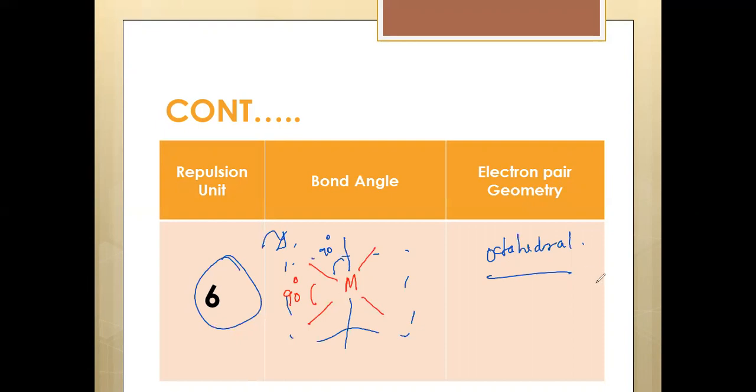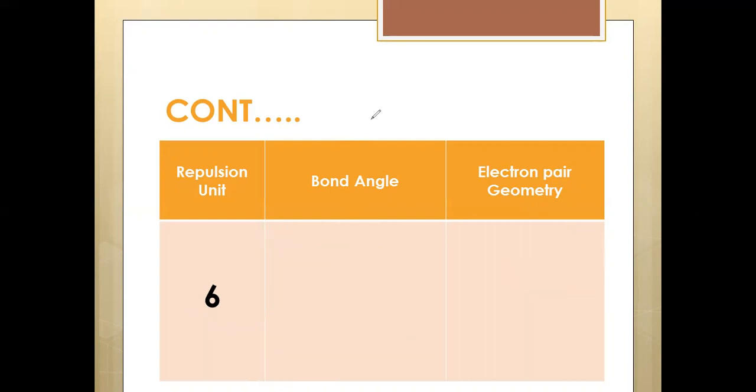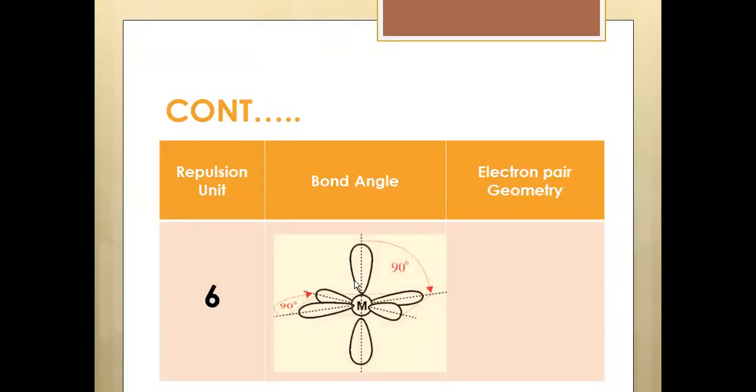So the angle between the repulsive units in the plane is 90 degrees, and the other two are perpendicular to that plane, also at 90 degrees.